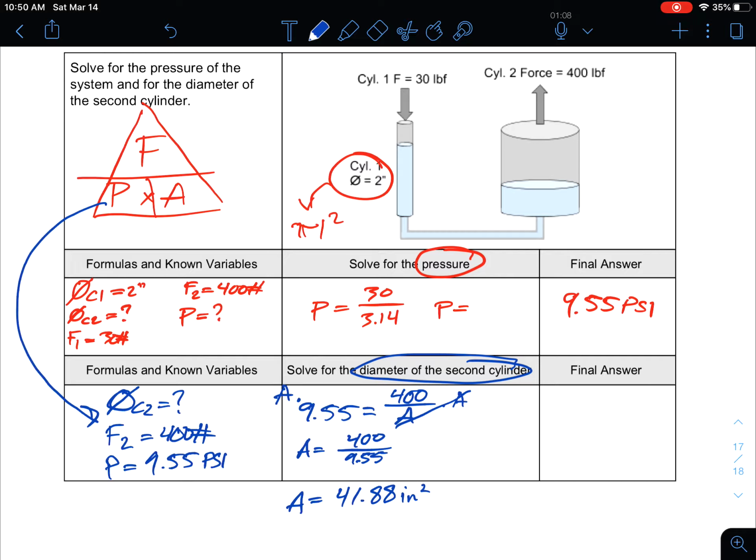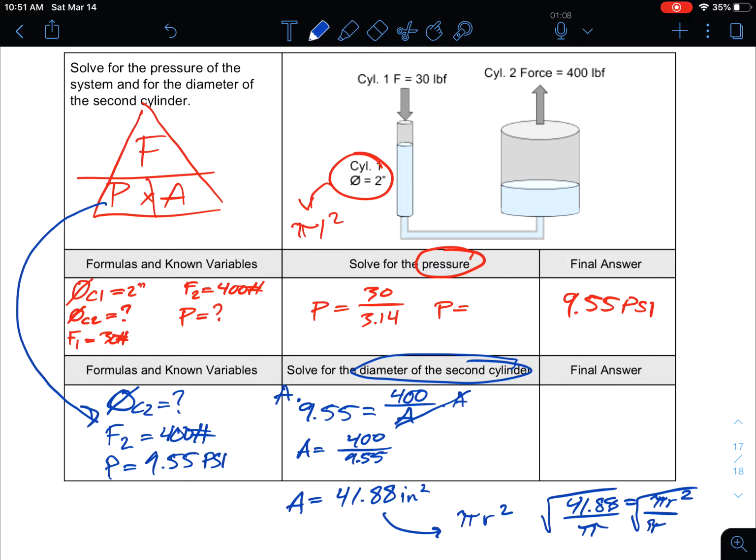Now we need to plug this into our pi times radius squared. So when we do that, we get 41.88 is equal to pi times radius squared. Divide both sides by pi, and then we will square root it.